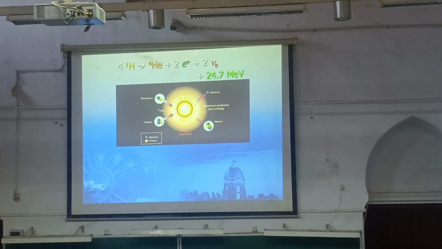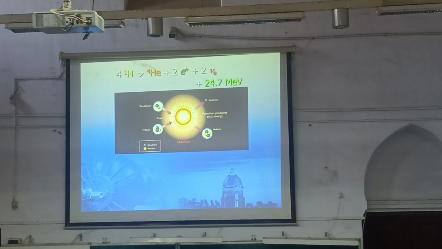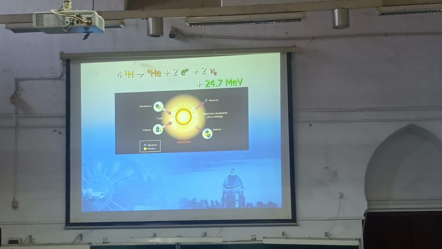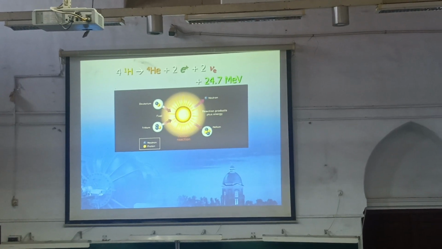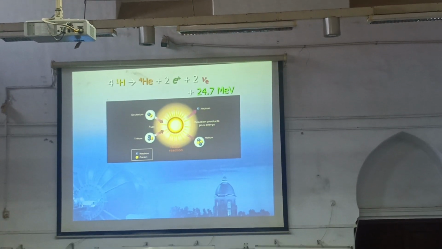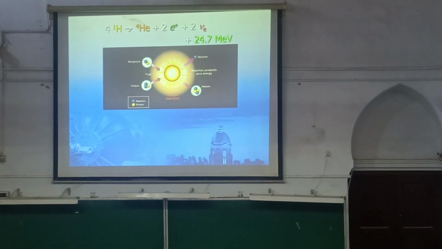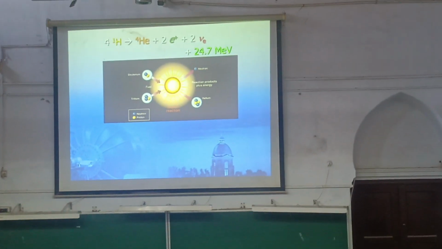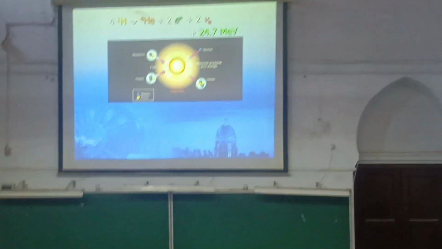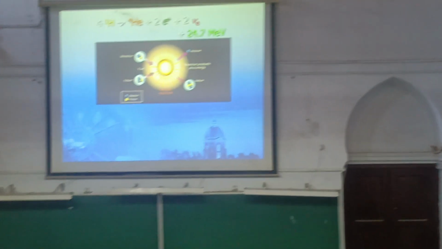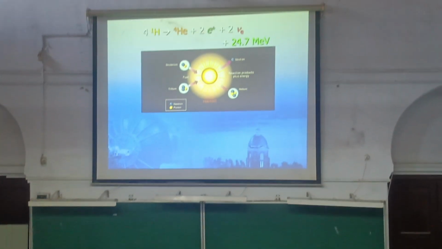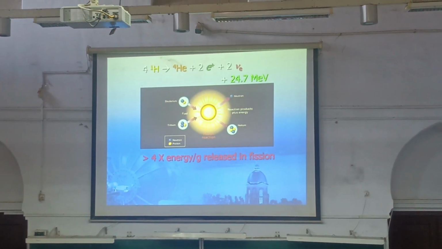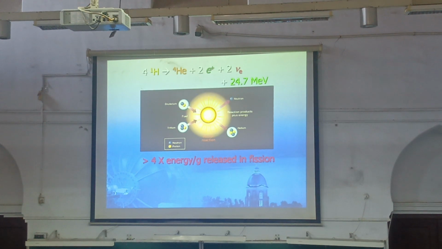It gives out 2 positrons, 2 neutrinos and 25 MeV. Do you remember how much uranium was giving? 180. This is 25. Why am I saying it's much more? Per particle, it has 4 times more energy than fission.